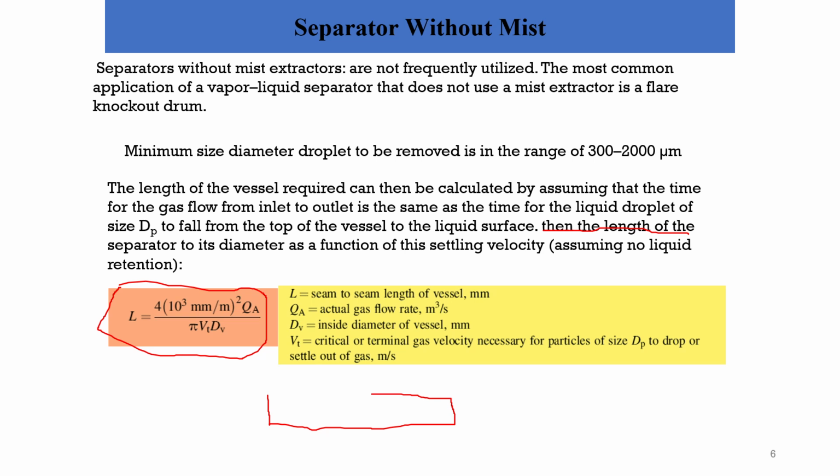So this is what we call the seam to seam. This is the actual L. And we said that normally seam to seam refers to the seam line, or what we call the welding line, of the separator or vessel. So this is the actual length of the separation section only, not the actual length of the separator itself.